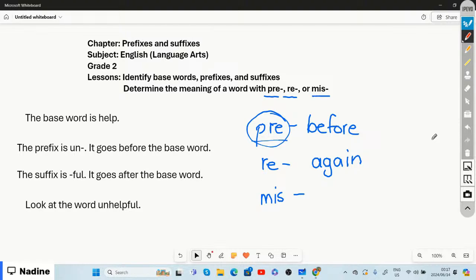So think of, let's say you're baking, right? When you're baking, sometimes they'll tell you you need to preheat. Have you heard of the word preheat? It will tell you to preheat something.